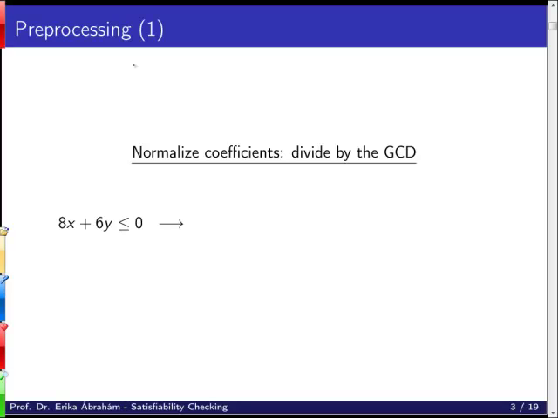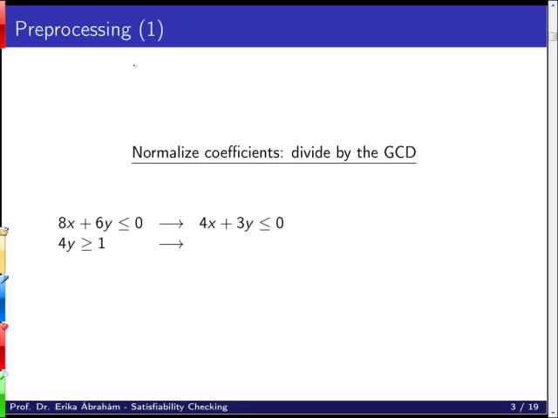So if we have large coefficients, then especially the last stage will be very expensive. That's why we are interested in making the coefficients as small as possible. So in a pre-processing stage, for example, from this inequation, we can conclude that if we divide by 2, then another constraint with smaller coefficients can be generated. This is done for all constraints in the system.